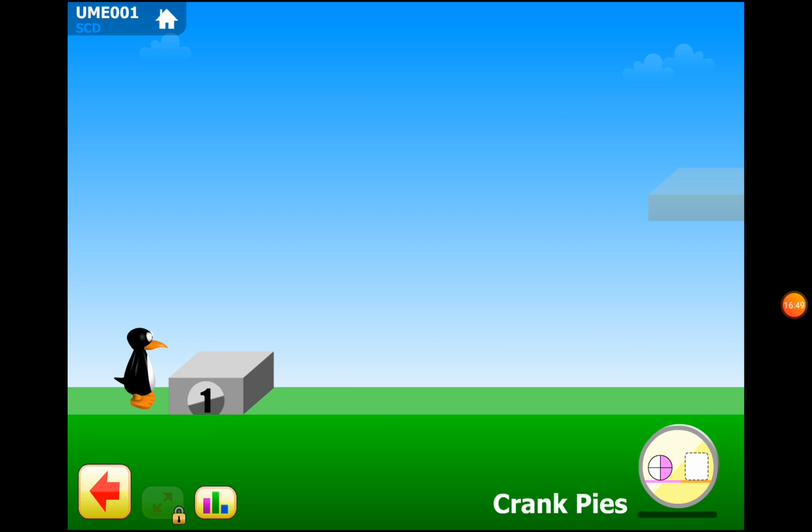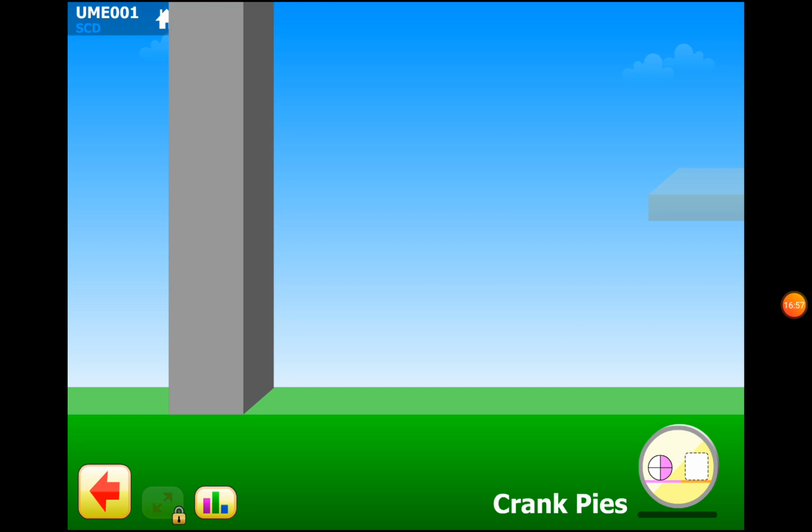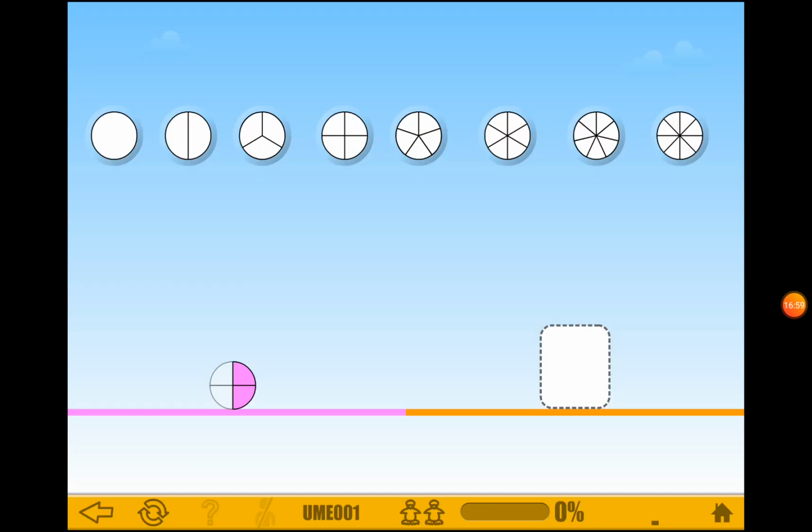Crank pies. So this is crank pies, and this is level 1. What do we do? Oh, is this equivalency?